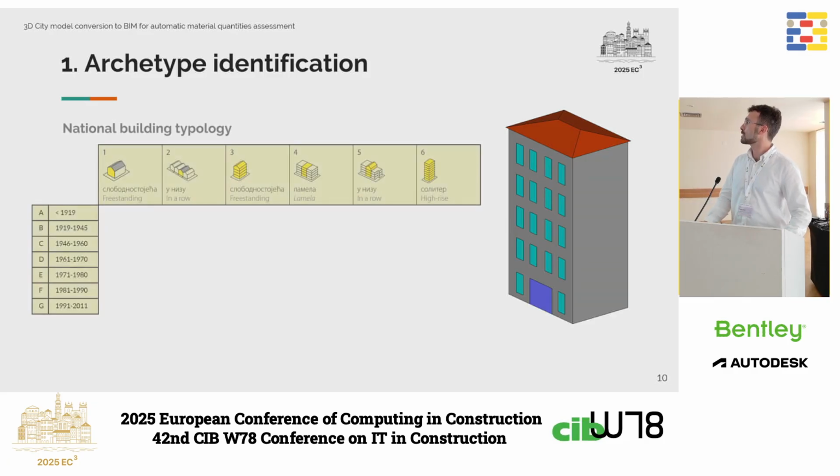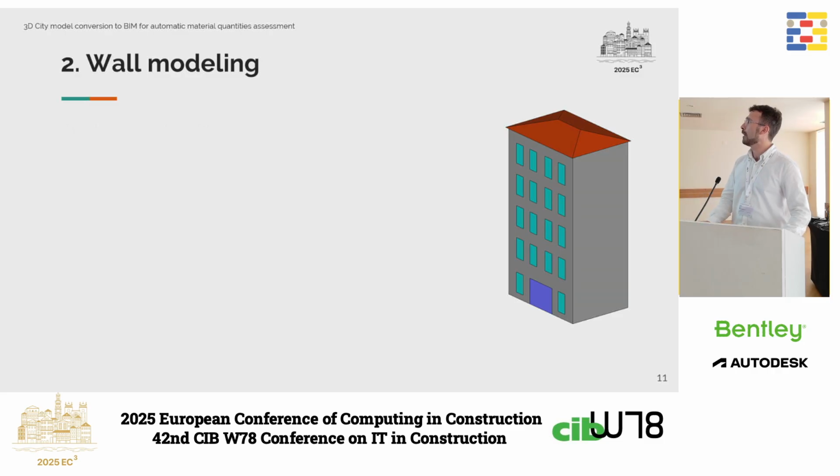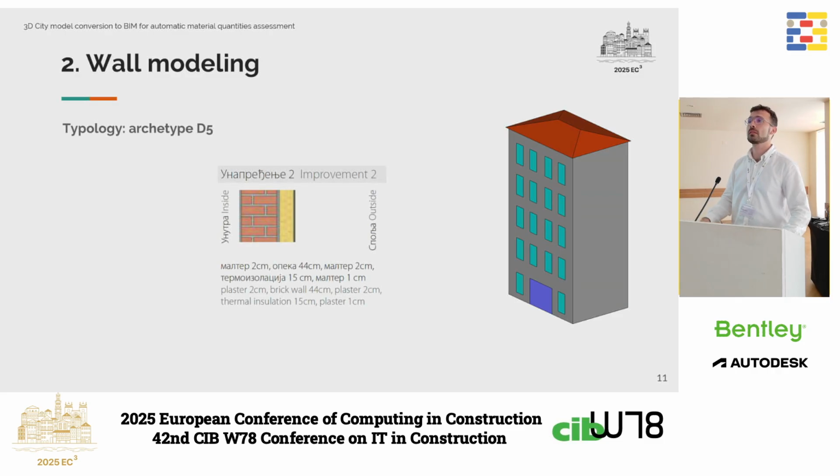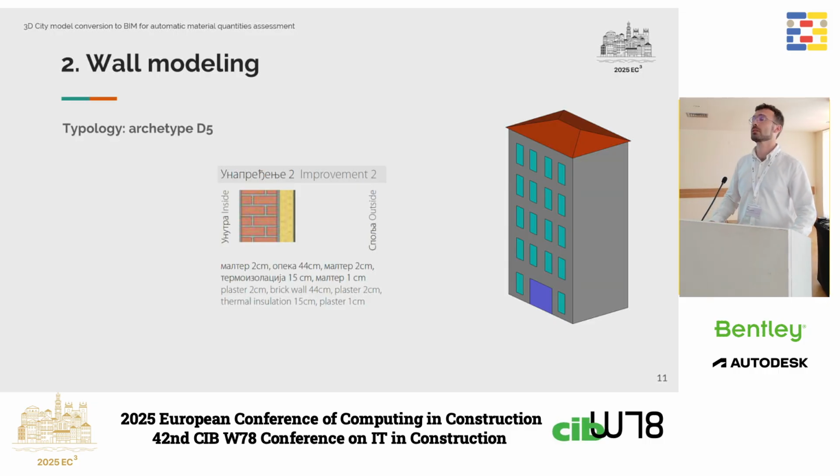So the first step would be to identify the archetype by looking into the building's construction year and shape. And then to model a wall, we would take the description for the building typology, get from there layer materials and layer thicknesses.